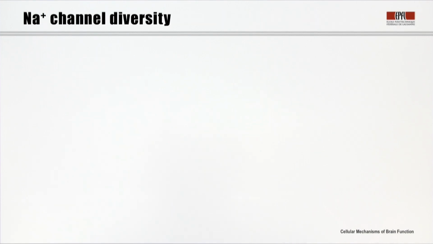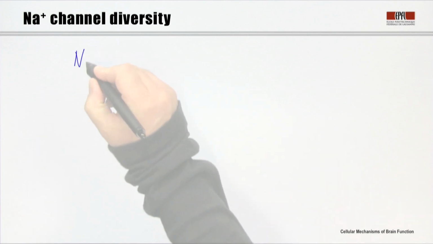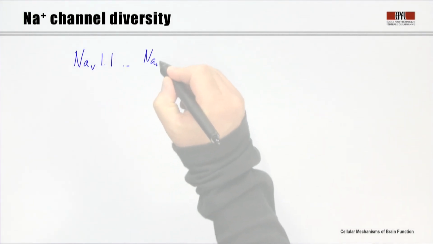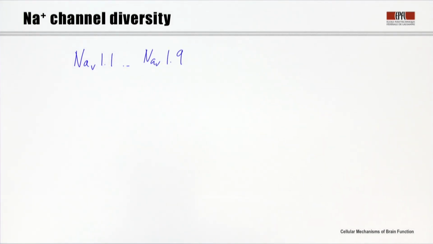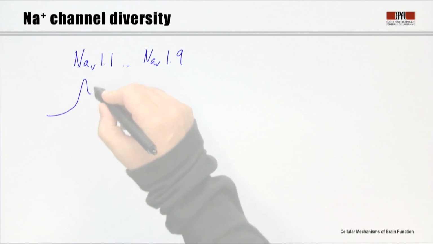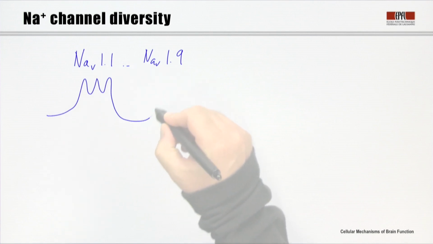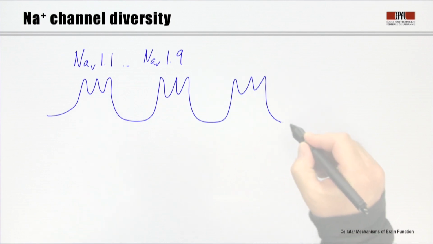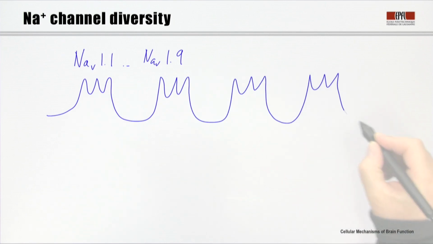The voltage-gated sodium channels are encoded by a family of 9 genes that are given the nomenclature NAV1.1 through to NAV1.9. Each of them encodes the voltage-gated sodium channel in a single gene. So it's one long string of amino acids that has transmembrane domains, and it has 4 subunits that are all part of the same string of amino acids.